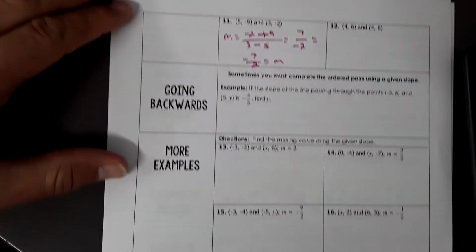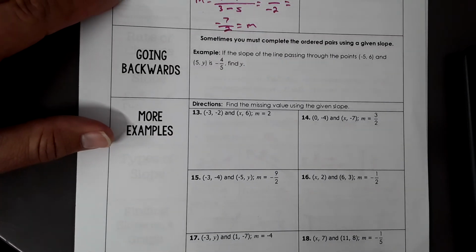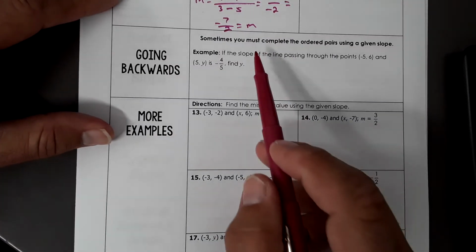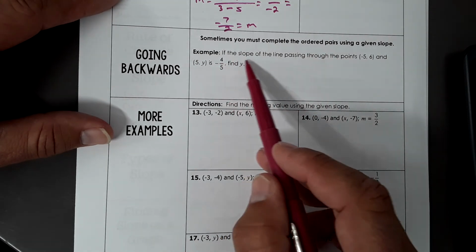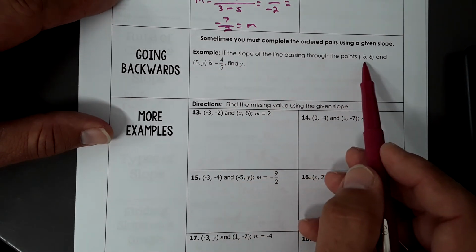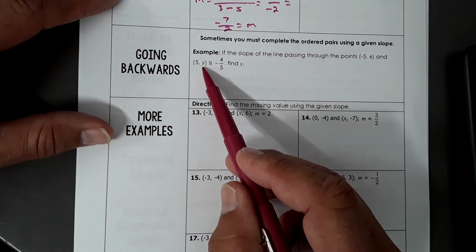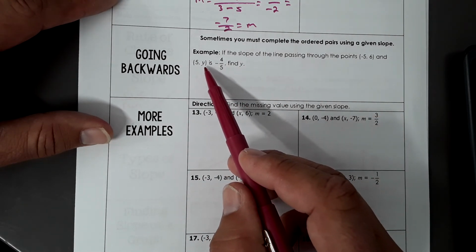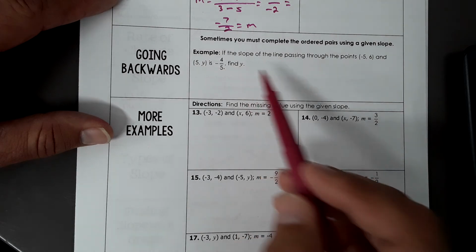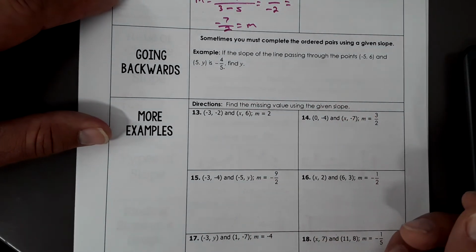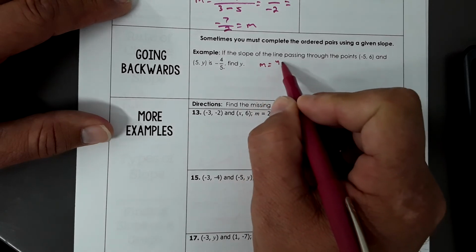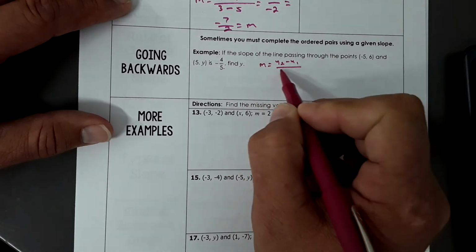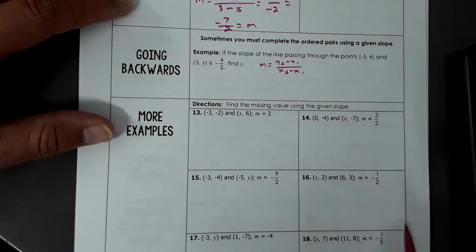Okay. Now we're going to work backwards. These are going to be the hardest ones. Sometimes you have to complete the ordered pair using the given slope. So if the line passes through the points negative 5, 6, and 5 with a missing y number, and the slope is negative 4/5, find y. Remember the formula was y2 minus y1 over x2 minus x1.